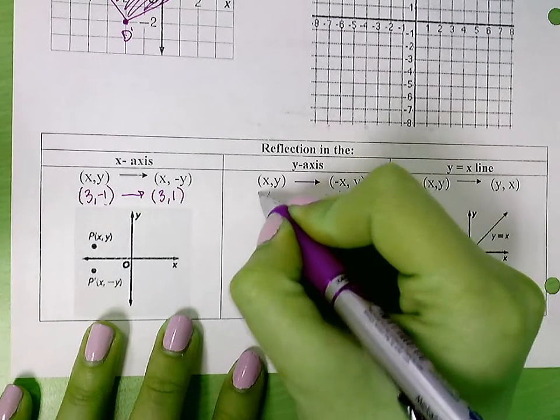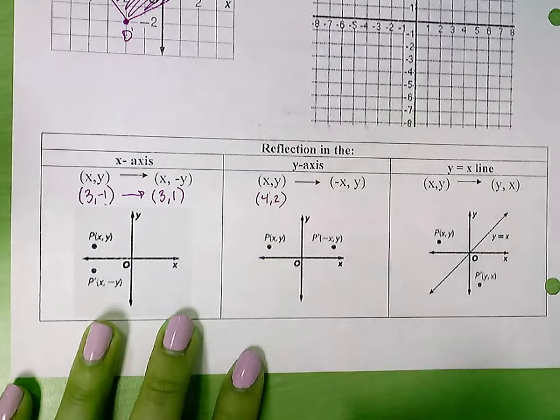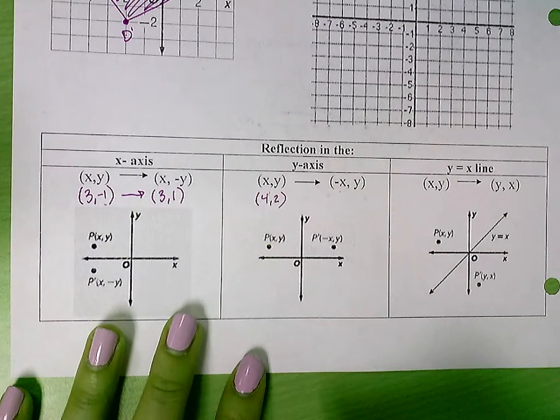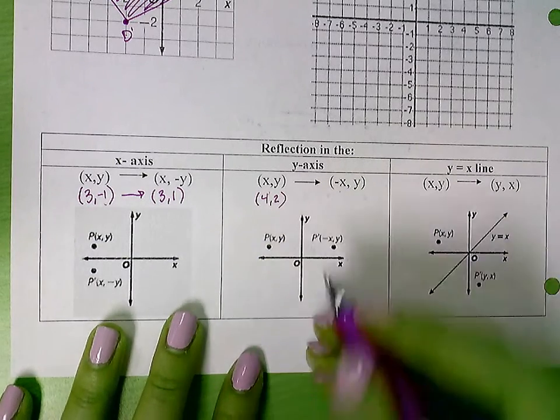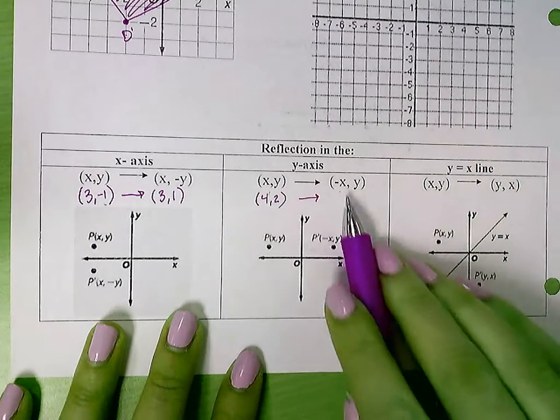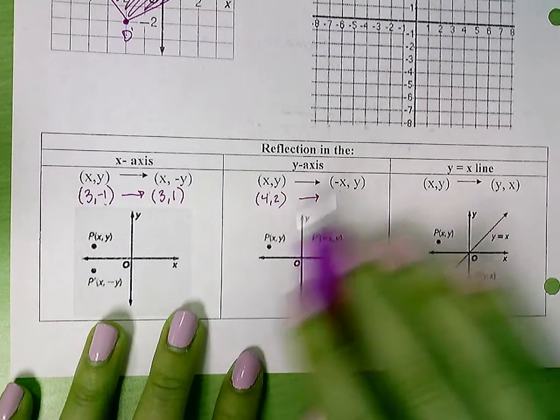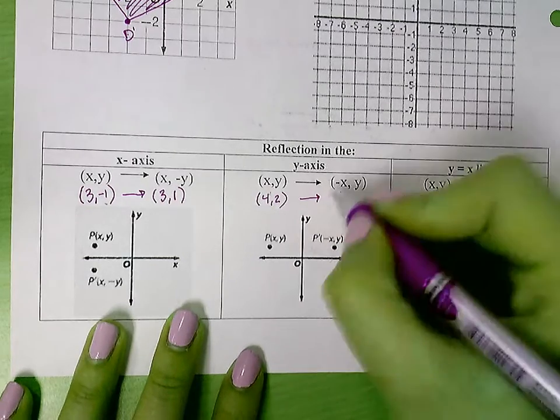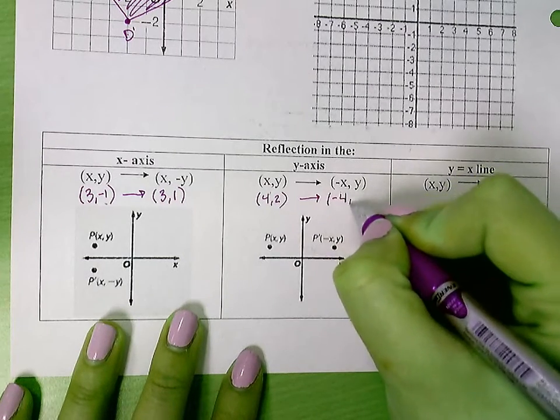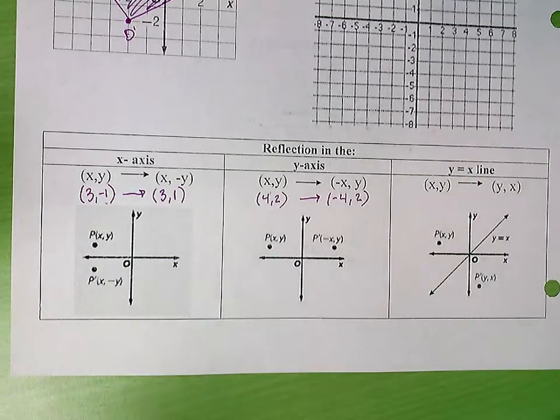So if I have a coordinate point 4, 2, since I'm taking the opposite of the x value, that would be 4. So now it would be -4, 2. So that's if you're reflecting in the y-axis.